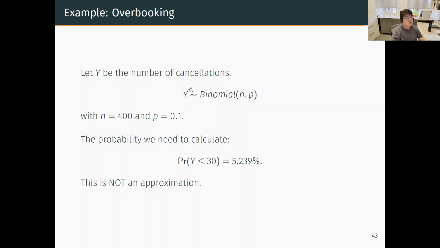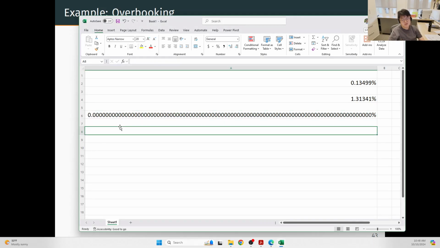Earlier, we used the binomial distribution. Y is the number of cancellations. Then we use the binomial distribution with parameters 400 and 10%, right? You can calculate the probability of less than or equal to 30.